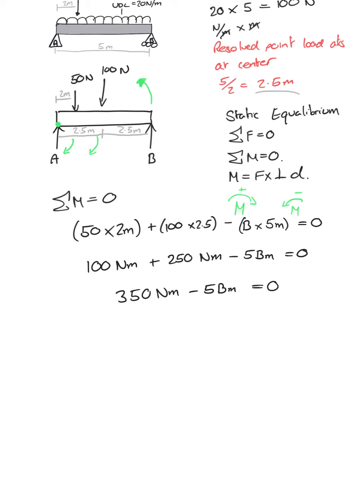I'm going to get rid of that M, probably only going to confuse us. If I rearrange this, I want to get B by itself. First thing I'm going to do is bring the 350 over, and it becomes negative. So now I have minus 5B is equal to negative 350.